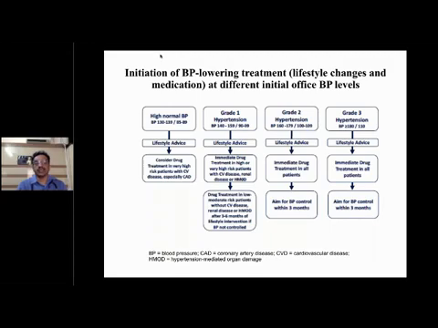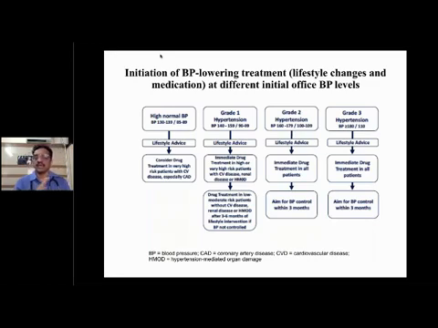Again, the same thing, you can follow the lifestyle advice as long as there is no HMOD, that is hypertension mediated organ damage, or no comorbidities, and the patient is low to moderate risk, then 3 to 6 months of lifestyle intervention can be tried. But if the BP is still not controlled, then you have to start treating the patient with drugs. Immediate drug therapy is only advised if the patient is very high risk with CV disease, renal disease, or HMOD, that is hypertension mediated organ damage.